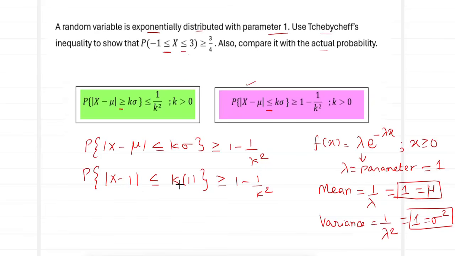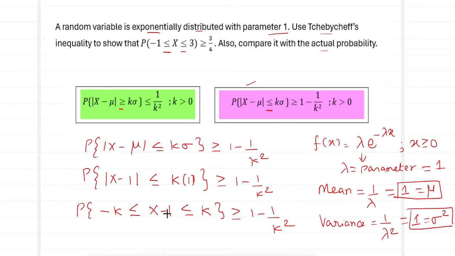Now, how to handle the modulus? Consider the negative value as well. So it is minus k less than or equal to x minus 1 less than or equal to k, greater than or equal to 1 minus 1 by k square.